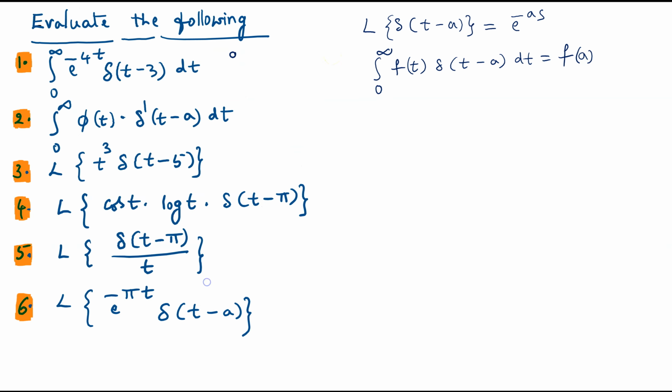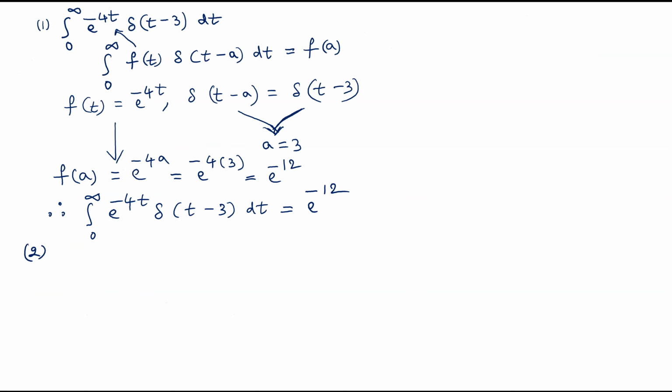Now let us see next question. Evaluate integral 0 to infinity phi of t into delta dash t minus a dt. Here this is not delta of t minus a. This is derivative of Dirac delta function or derivative of unit impulse function.